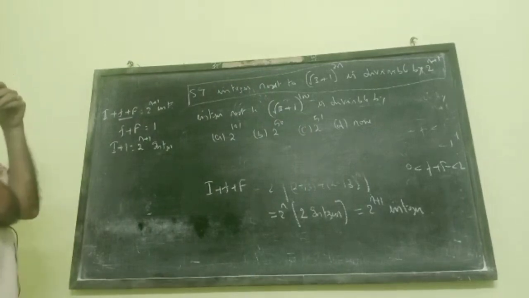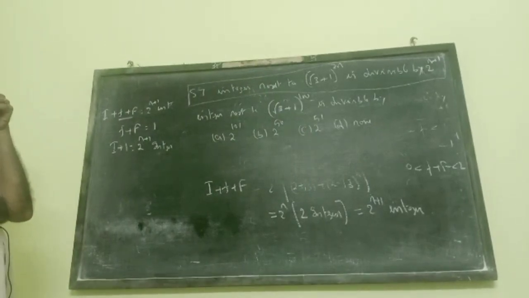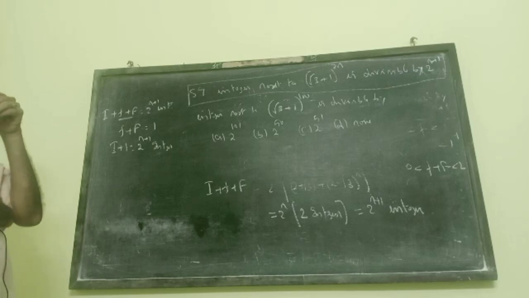The integer next to (root 3 plus 1) whole power 100 is divisible by which of the following? A is 2 power 101, B is 2 power 50, C is 2 power 51, D is none.